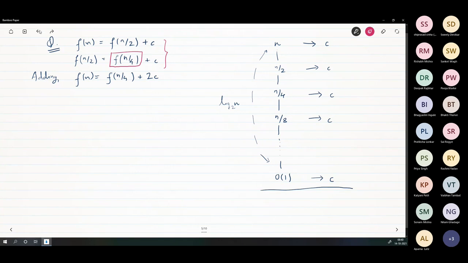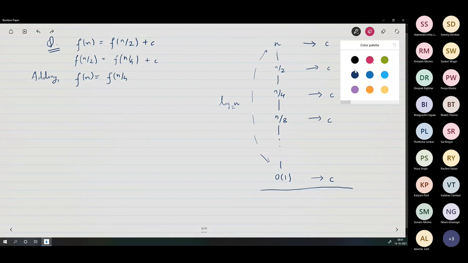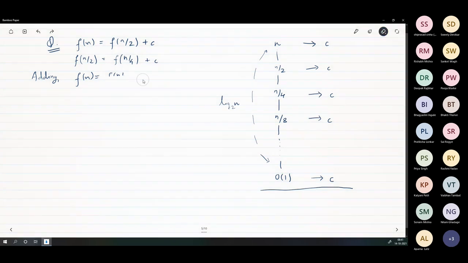Okay. Now let's go back, and instead of stopping here, let's go one more level down. I'll write f of n by 4 is f of n by 8 plus c. Now if I add, what do we get?